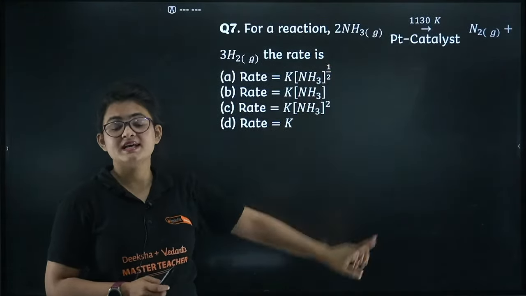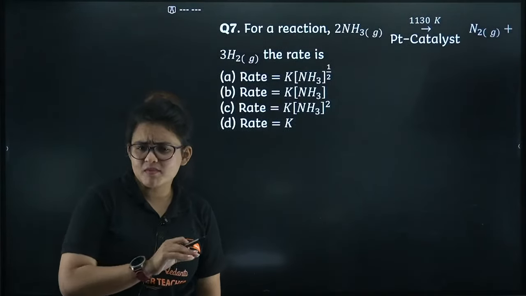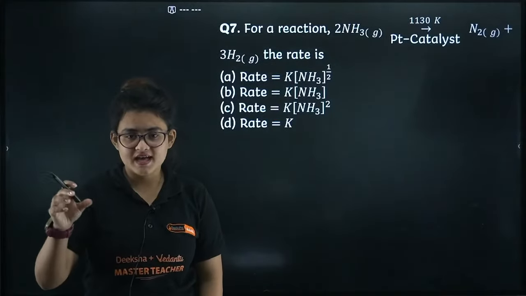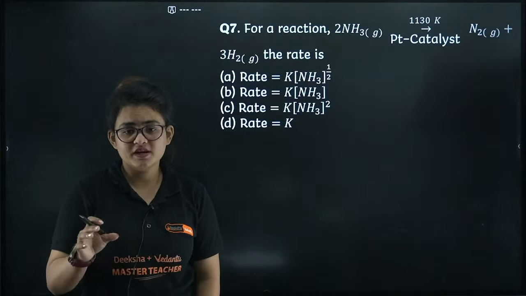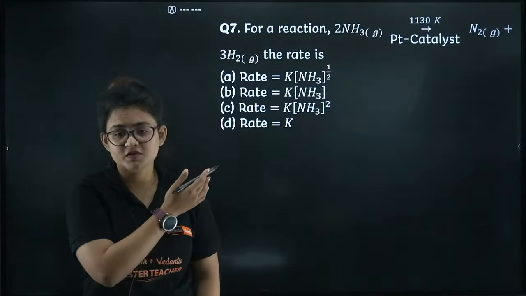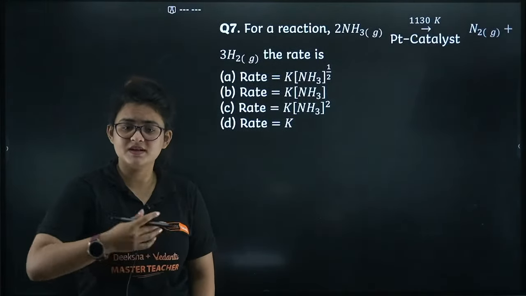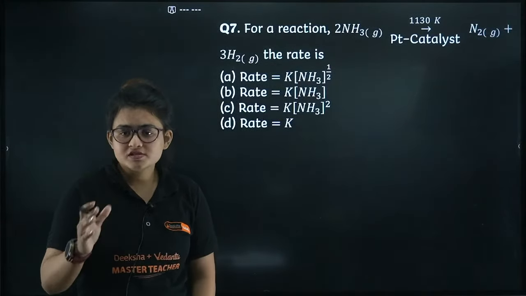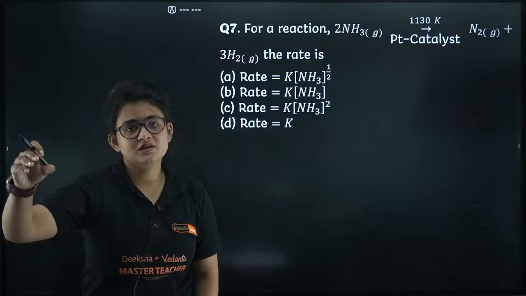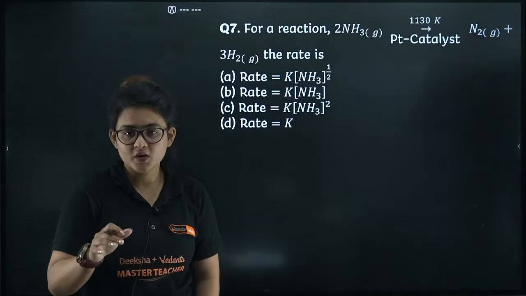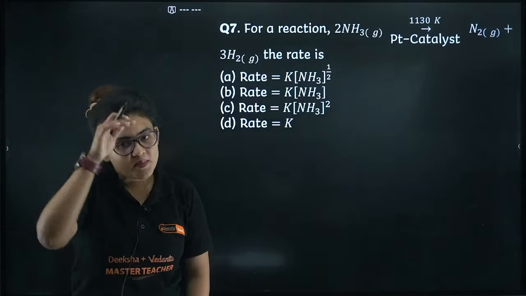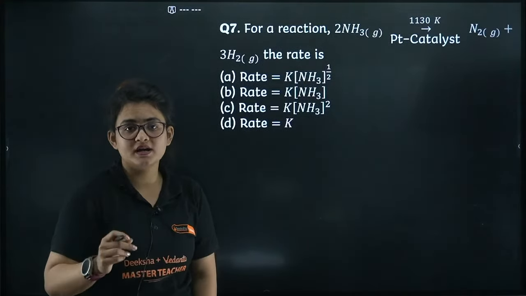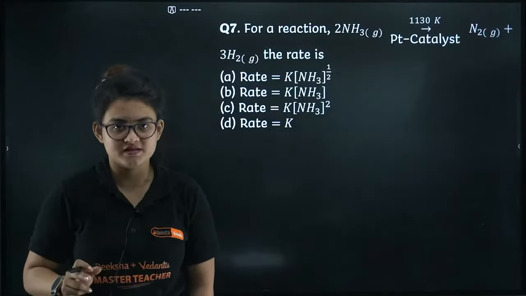that platinum is there as a catalyst, means on any metal surface, decomposition of the gas is going on. Decomposition of any gas, maybe here the example is given with respect to ammonia, decomposition of ammonia. Maybe later on you will face it with respect to HI, right? In those cases also sometimes they give the reaction on the gold surface. Okay, so if a metal surface is given as a catalyst, then it's a zero order reaction and it's an experimental fact.